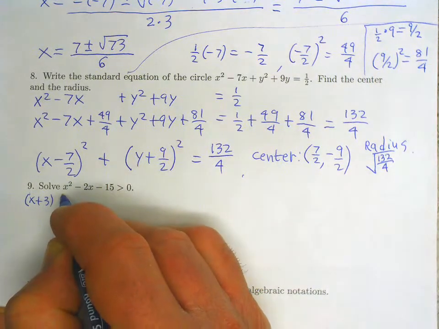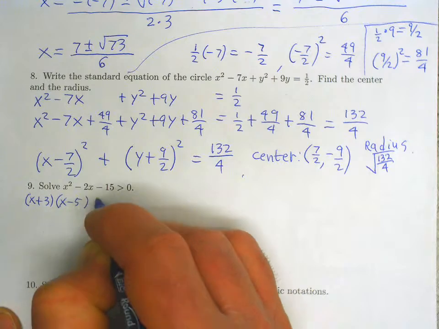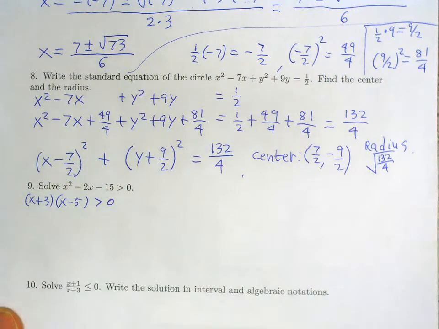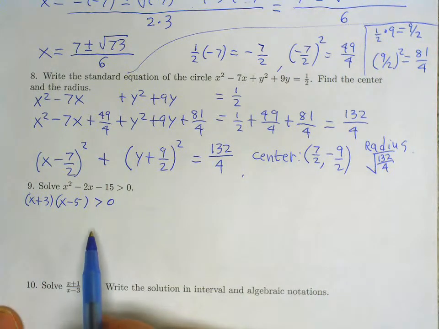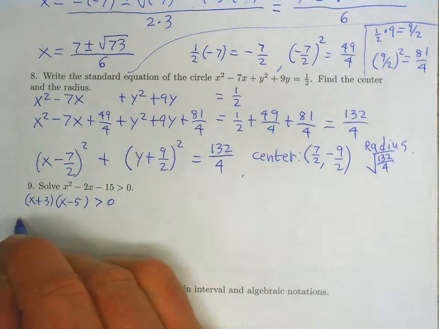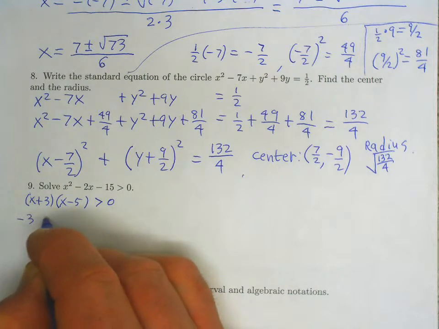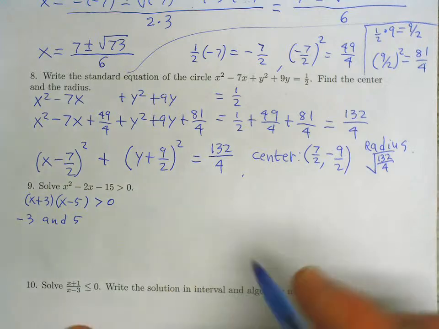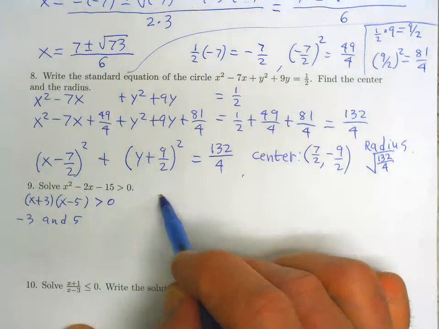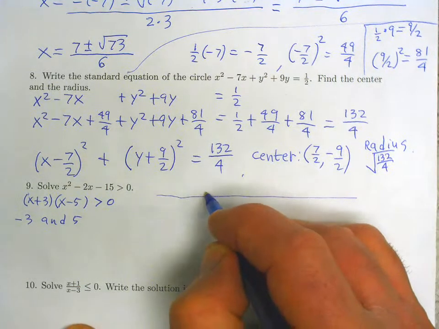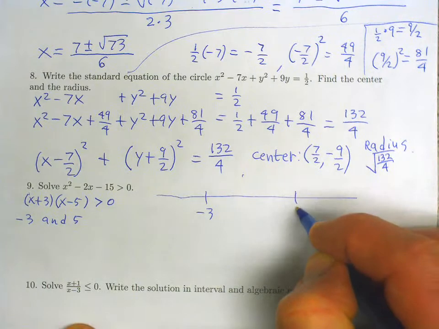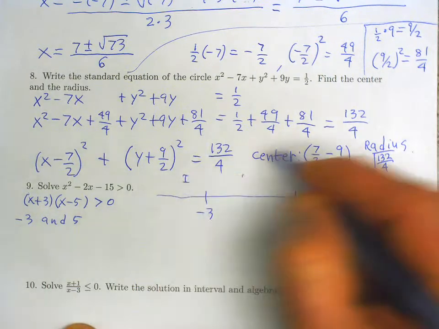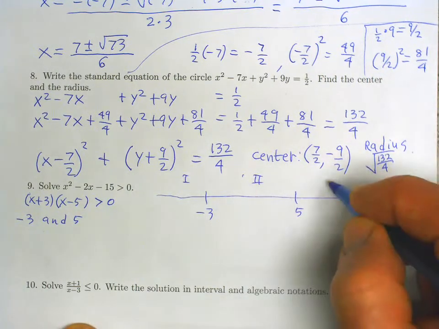The other factor is x minus 5. And the inequality is greater than 0. So the endpoints are negative 3 and positive 5. Those are the endpoints. So just like we've been doing, we plot the endpoints, negative 3 and 5, and then we pick a test point from each of the 3 intervals.